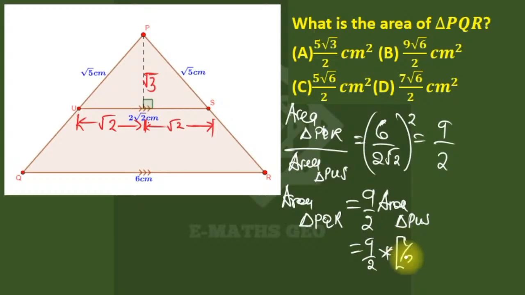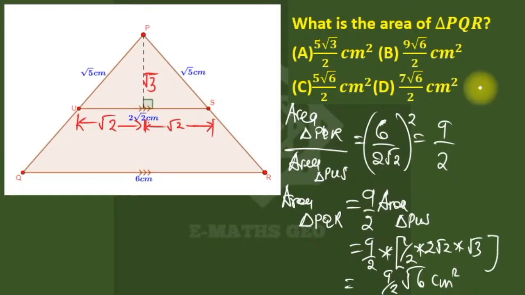The area of that is half base times height. So the base is 2√2, the height is √3. So our answer will be 2√3. So I have 9 over 2 √6 cm squared. That's the answer, which is option B.